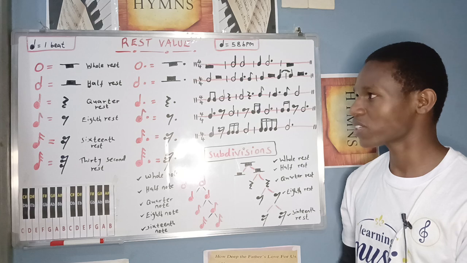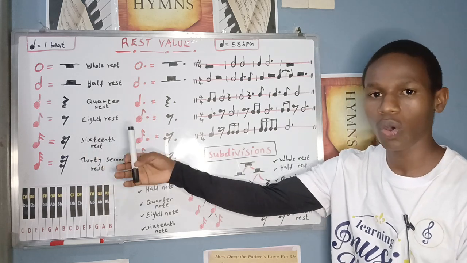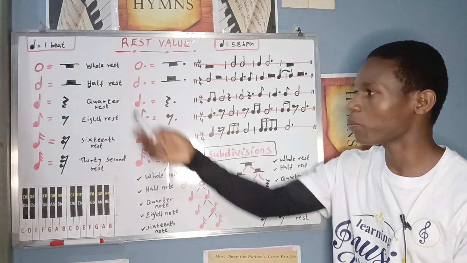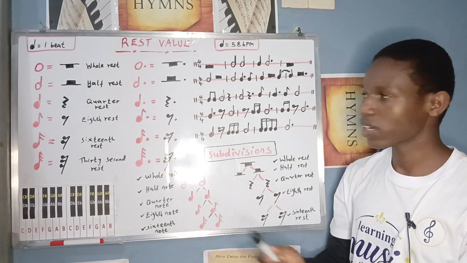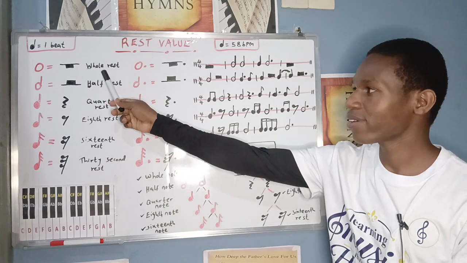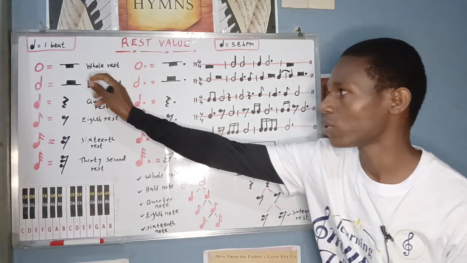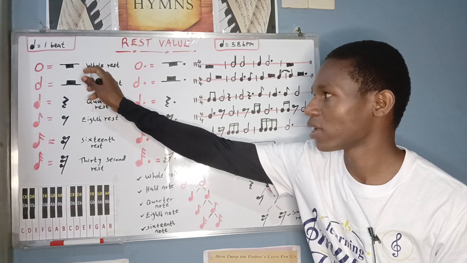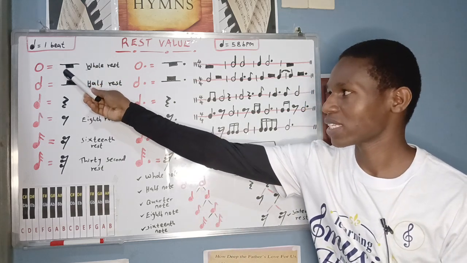I think now what's important is to know how to draw these things, and when you see them in a score, to know what they mean. I have a little trick on how to remember. A whole rest, think of it as having a weight. The W means weight, so this thing is hanging down.